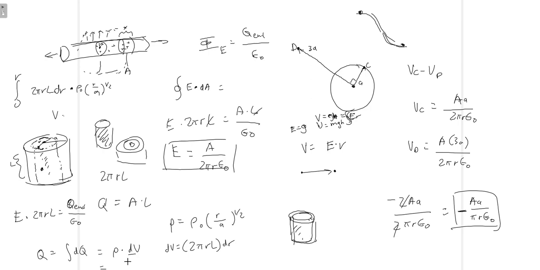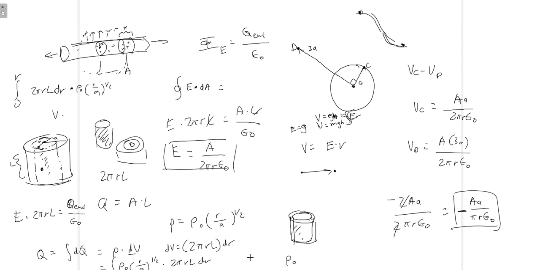So this would be equal to rho naught times r over a to the 1/2, times 2 pi r L dr, and then we integrate this.